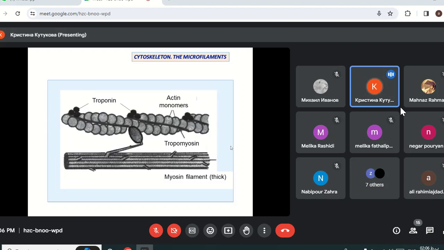They are actin and myosin filaments, whose feature is that they can move along each other in different directions. For example, in this case, the actin filament will go this way, leftwards, and myosin will go rightwards. So they will go along each other, and it will cause contraction.